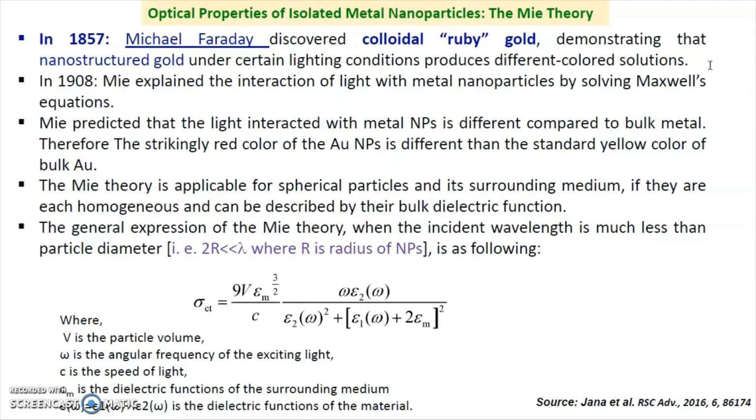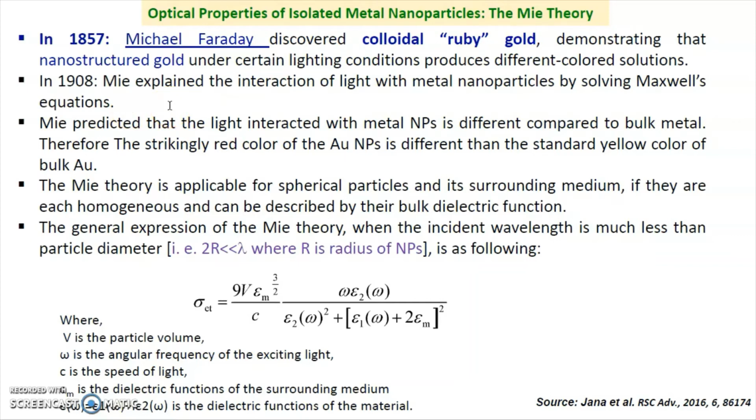Michael Faraday first synthesized this and demonstrated to everyone that if you prepare gold nanoparticles, then the color is not gold, it will be red. Then in 1908, the scientist Mie explained the interaction of light with metal nanoparticles by solving Maxwell's equations, so basically classical electrodynamics.